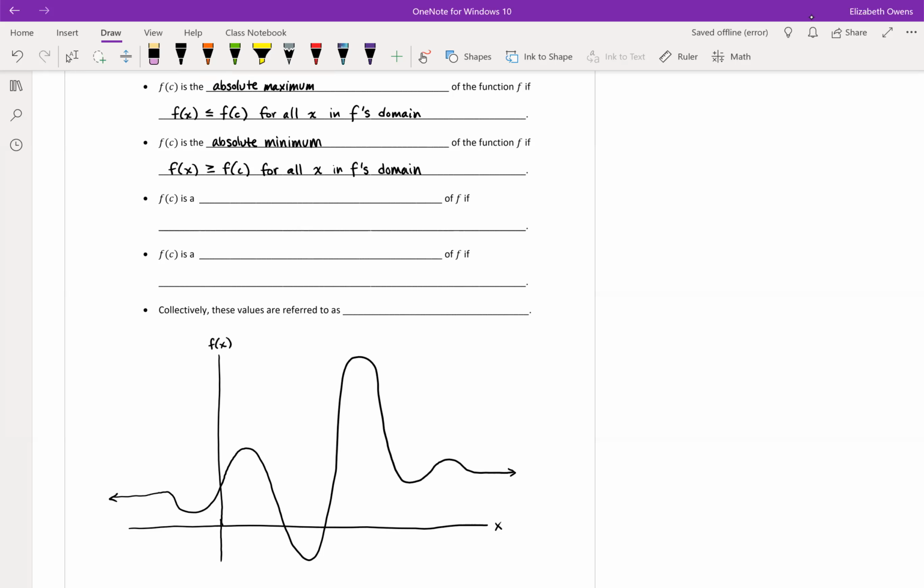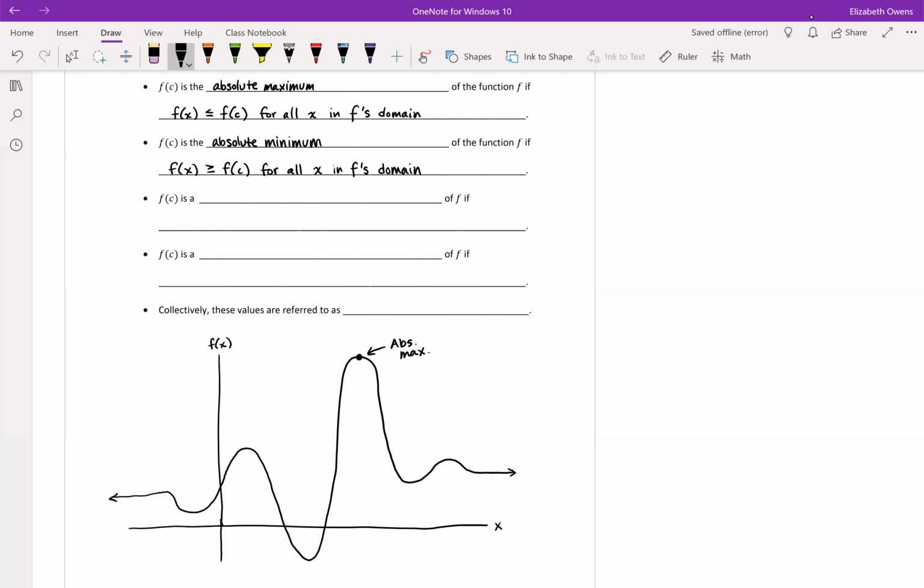So if you look at our graph, your absolute maximum is going to be the highest up y value there. That's the largest value obtained by our function. So this is the absolute maximum. And when I label these, usually I tend to abbreviate them like abs for absolute. So abs max stands for absolute maximum.